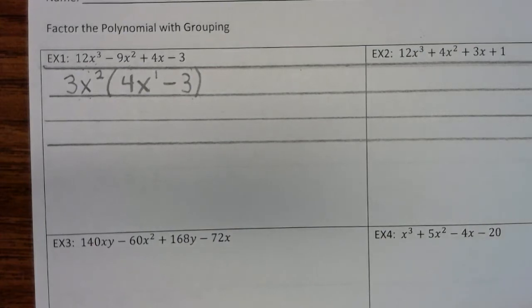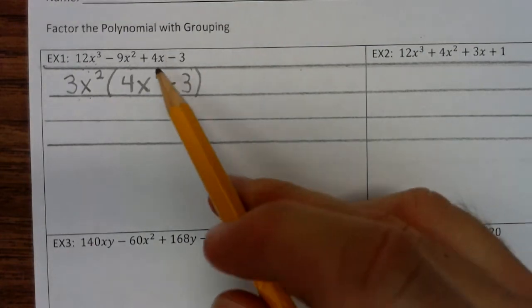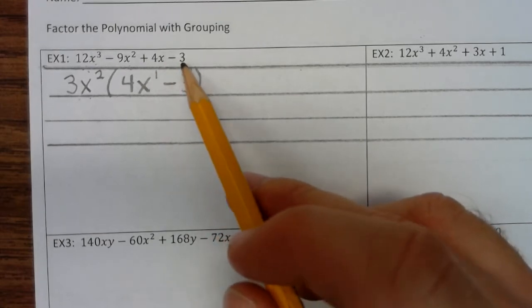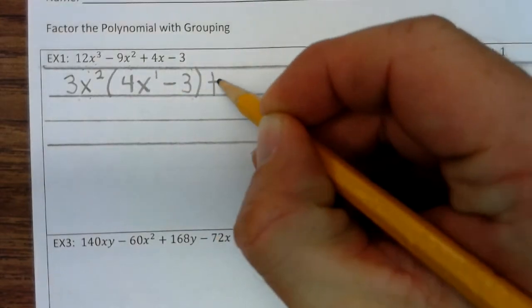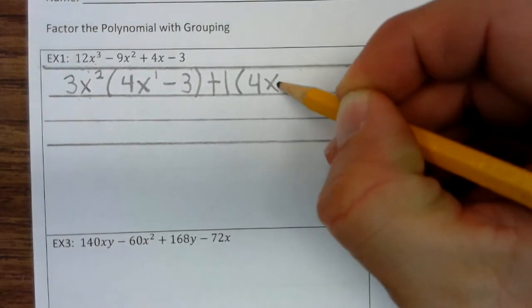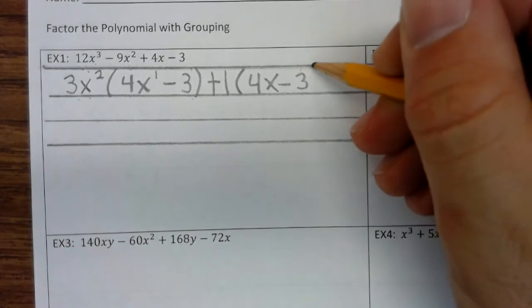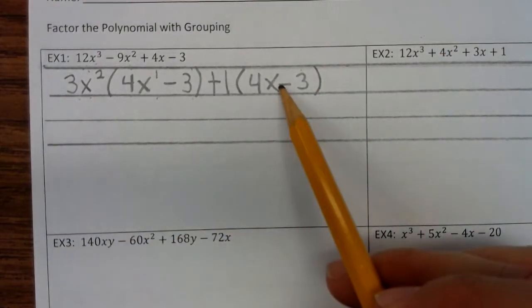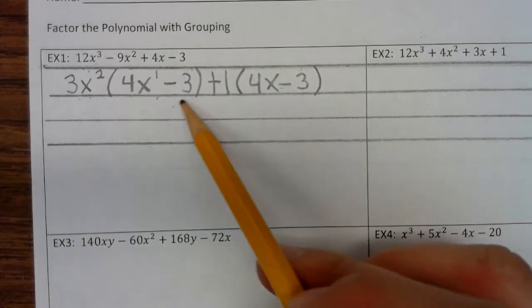Now let's factor out the common monomial from this group. In this case, the only thing you can factor out is a 1. So we factor out a plus 1, and we still have 4x minus 3. Now, in factoring by grouping, if these are the same, then you can factor by grouping. If they're not, then you can't.